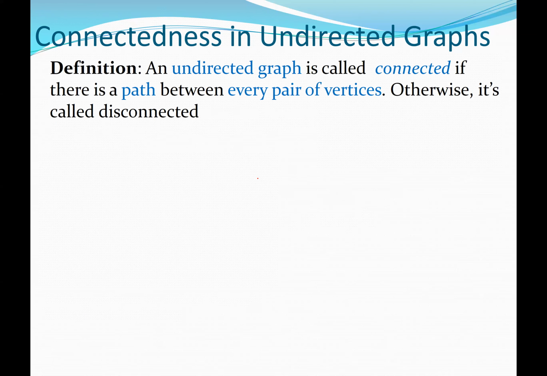If I pick any 2 vertices, there has to be a connection between them. It doesn't have to be any particular length, as long as I can travel from one vertex to another. If I can, then I have a connected graph. If not, it's not connected. Not just one pair or 2 pairs, every pair of vertices has to be connected.